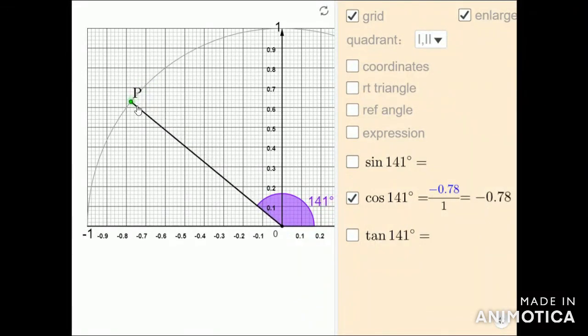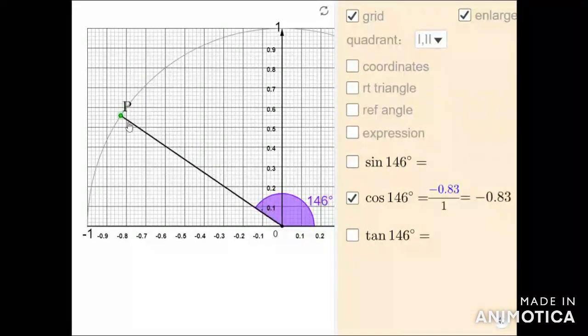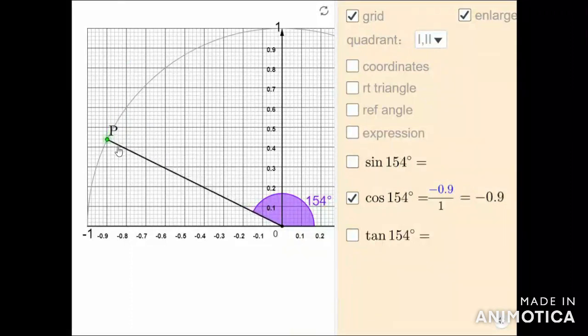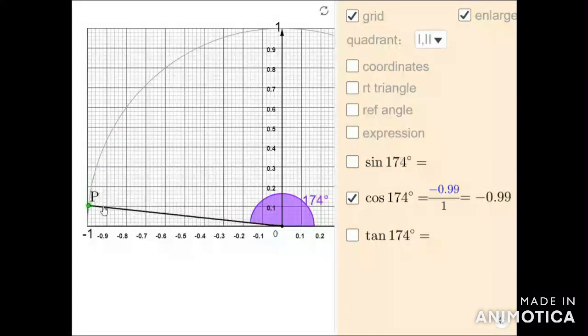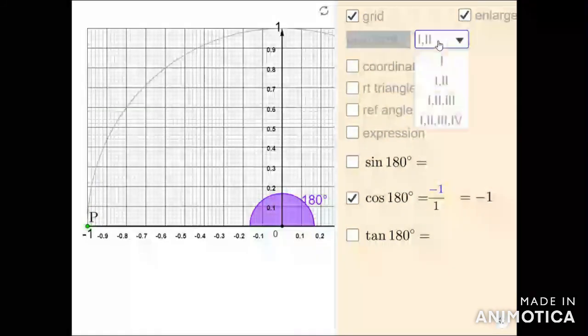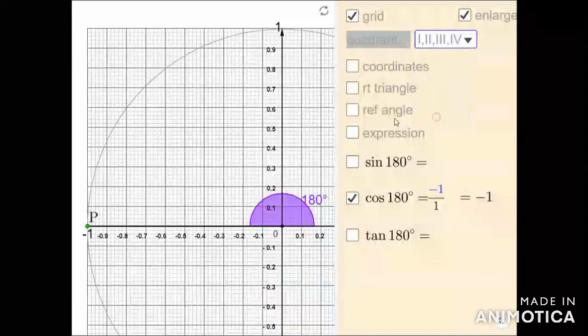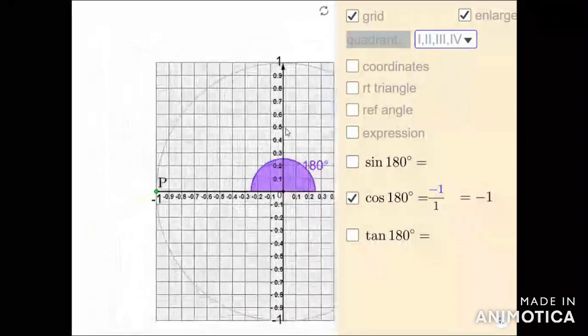and like this, when the angle is 180 degree, cos of 180 becomes minus 1, and if you increase the angle further, you can observe what happens.